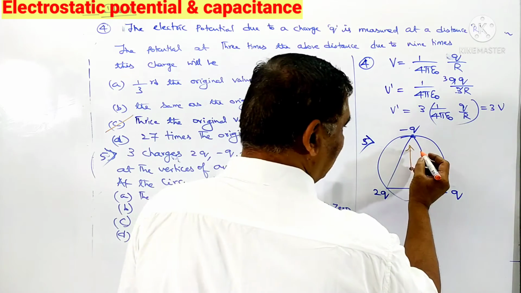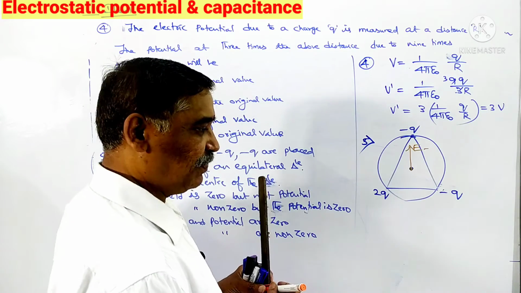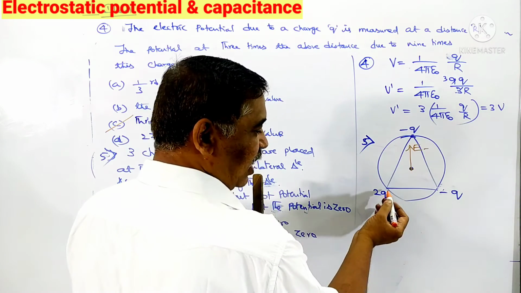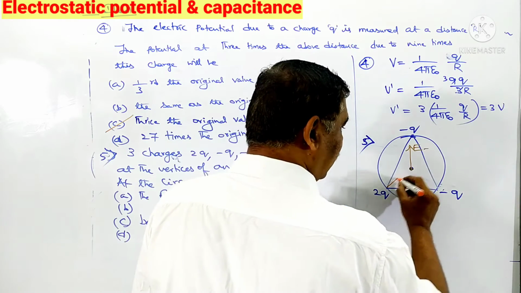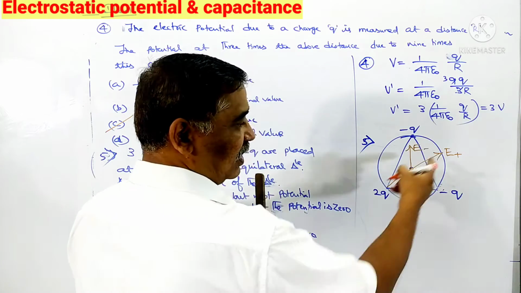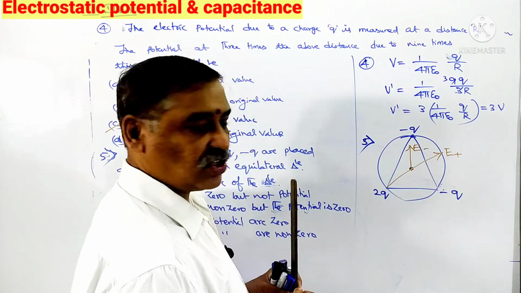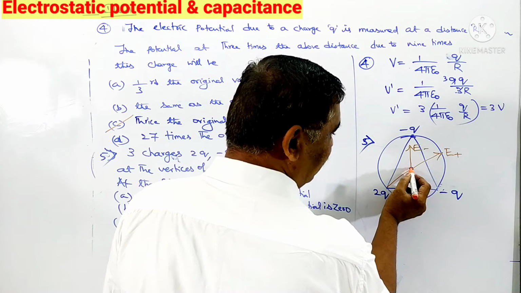So it experiences an attractive force, that is the direction of the electric field. So due to this minus Q, just for my understanding, I put this one as E minus. Test charge placed here experiences a repulsive force due to the 2Q charge. Therefore, this is the direction of E plus, due to 2Q. Test charge placed here experiences an attractive force due to this negative charge.